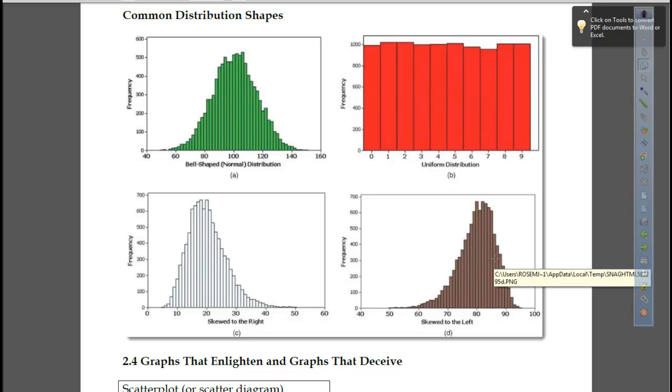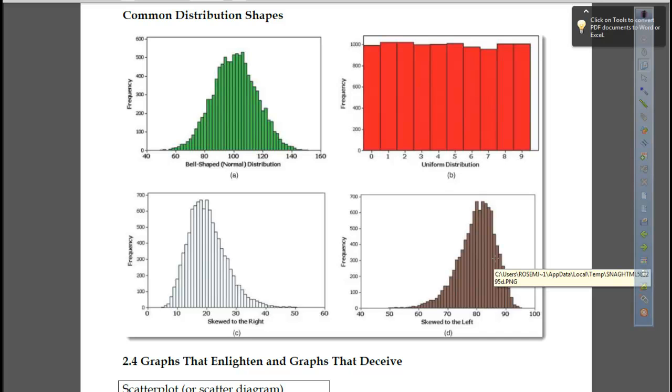What about body temperature? We would expect most body temperatures to be around 98.6. Some would be above that, some below, but they would taper off from there. So that's an example of bell-shaped data.